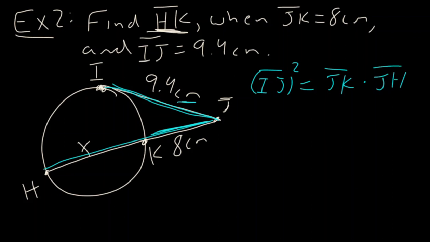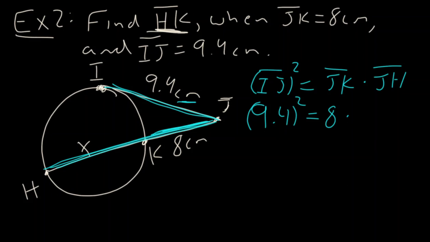Well, now that we have our formula, our statement, we can go ahead and plug in all the things that we know. We know that IJ is going to be 9.4, and don't forget that will be squared. Equals, we know that JK is going to be 8 times. We know that JH, now once again, this is the trickiest part of this problem.